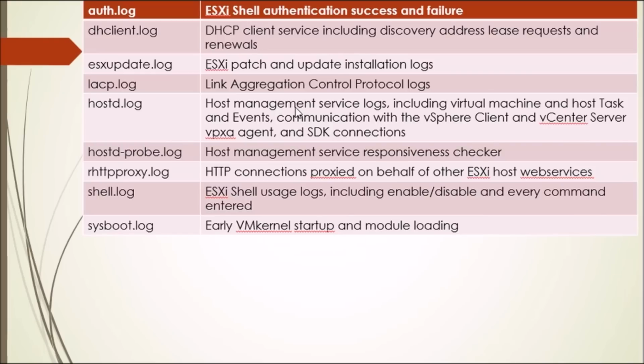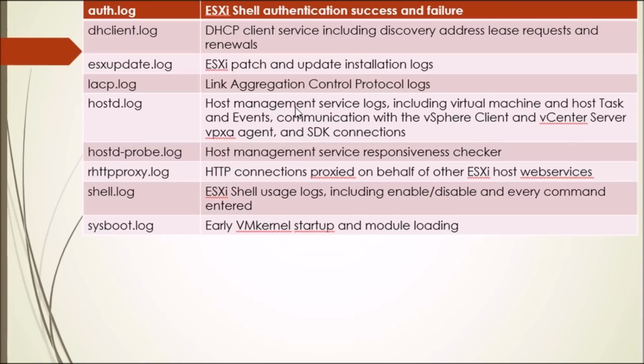Now the rhttpproxy.log, HTTP connections proxied on behalf of the ESXi host web services. We'll see that later. Shell.log, ESXi shell usage logs, including enable, disable, and every command entered.